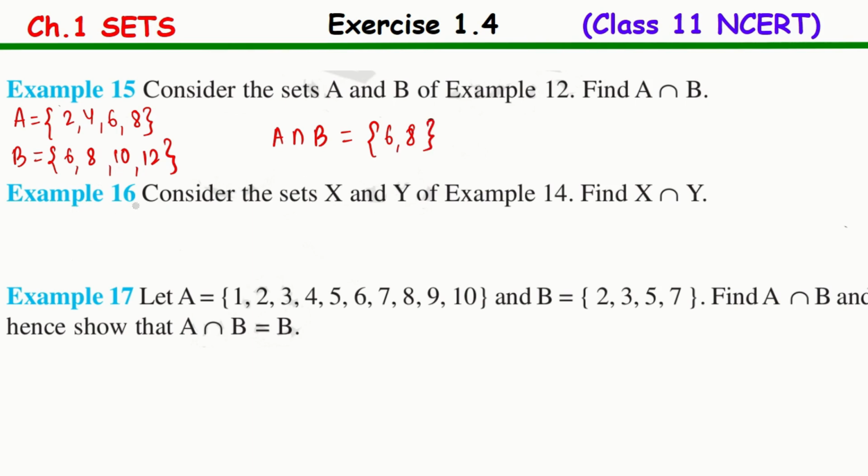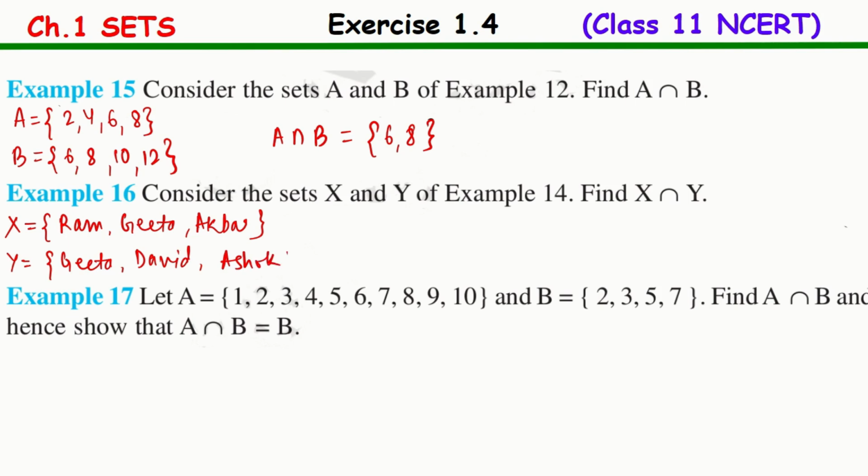Example 16 is consider the sets X and Y from example 14. So X was Ram, Geeta, Akbar. Set Y was Geeta, David and Ashok. So X intersection Y, the common element in both is only Geeta.